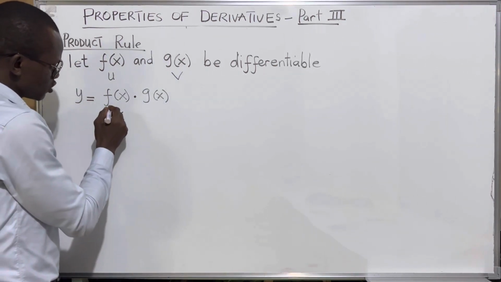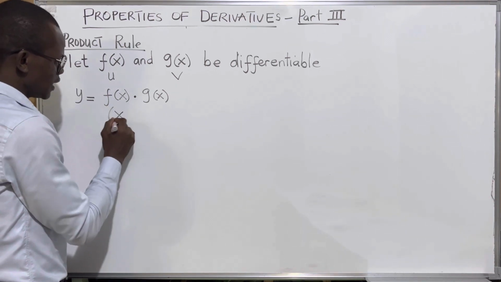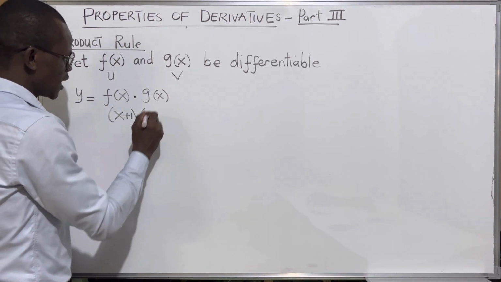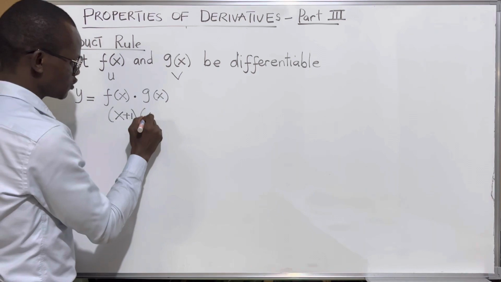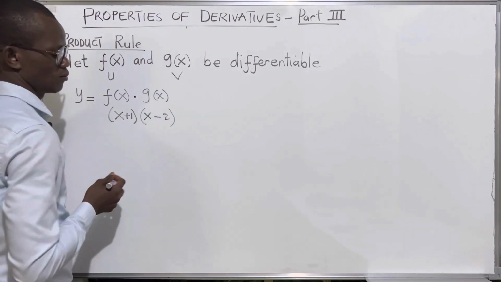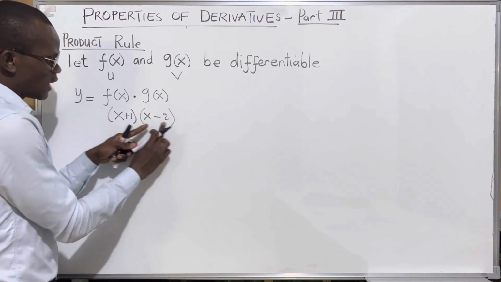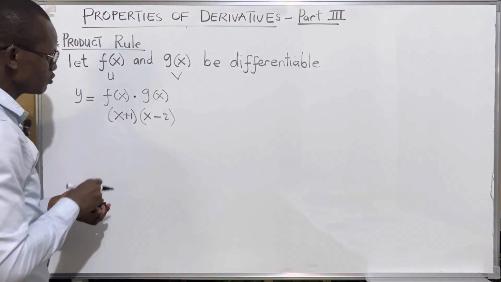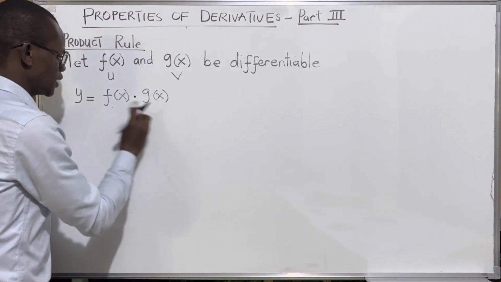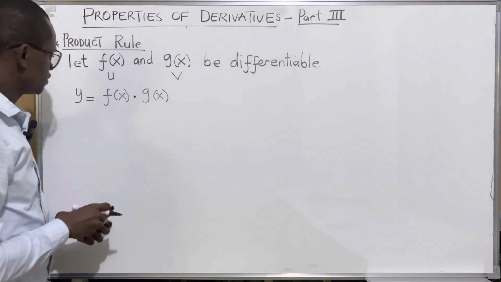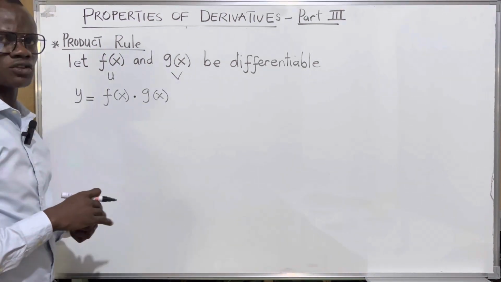It could be a linear function like x plus 1 times x minus 2, but these two are two distinct functions. So if you have a function multiplied by another function, how do you find the derivative of the product of those functions?